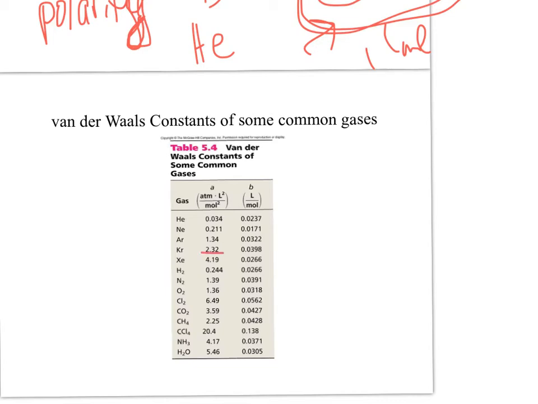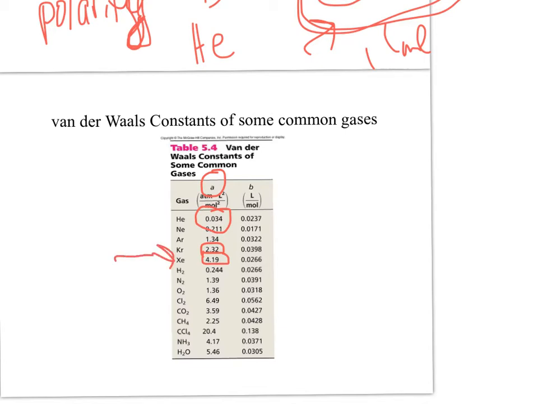So krypton, which is a large noble gas, xenon, which is a large noble gas, both of those have larger A factors than helium or neon, right? Those are smaller noble gases. And that's because these are more polarizable gases, even though they're nonpolar.